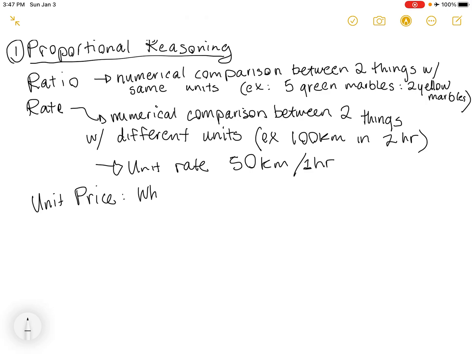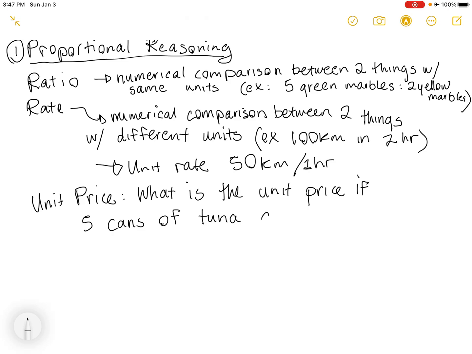Let's say I wanted to know what is the unit price if 5 cans of tuna cost $7.42.